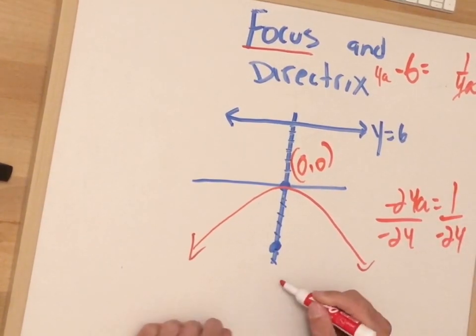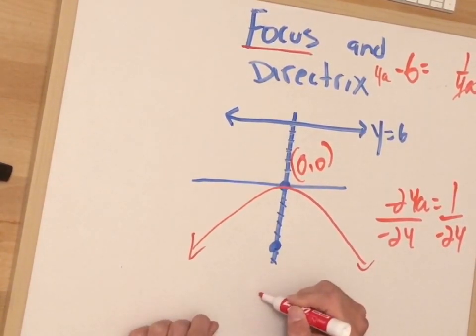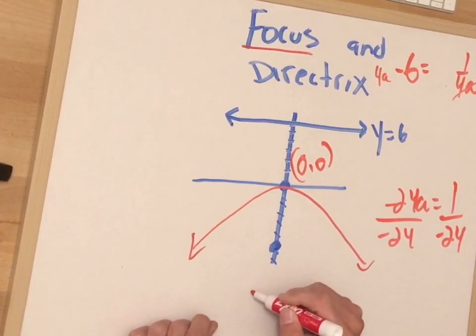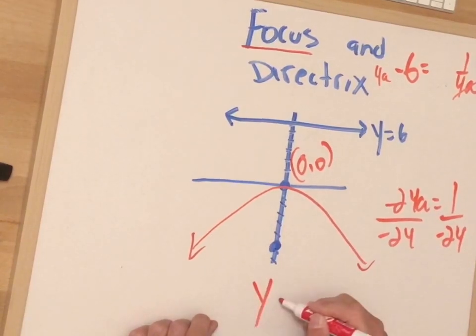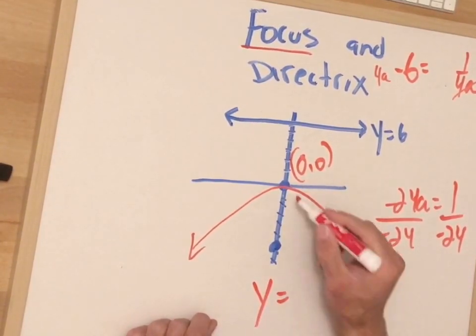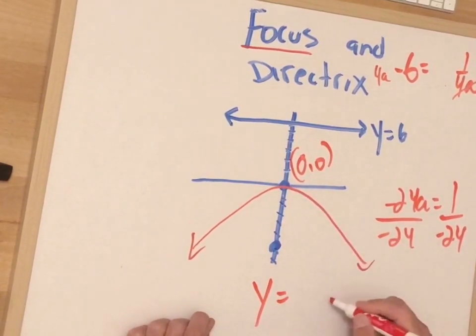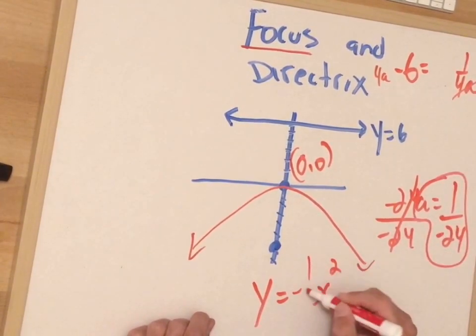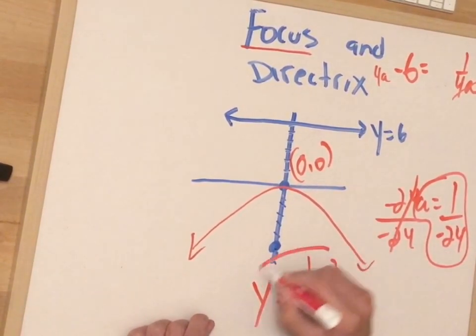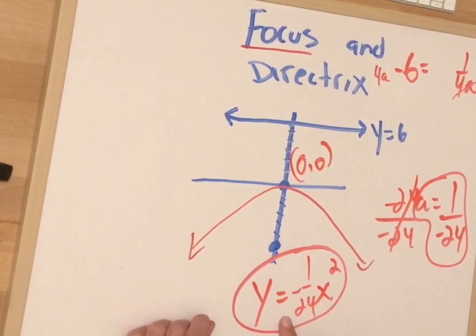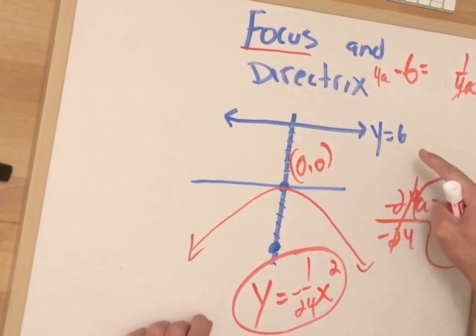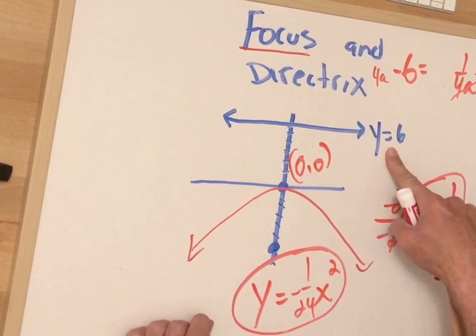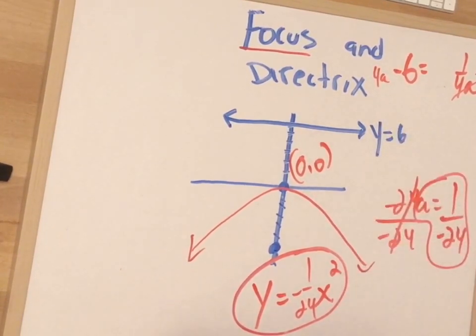And I have y equals, well, my vertex is 0, 0, so I know it's just an x squared quadratic. And check this out. My shape is equal to negative 1 over 24. Here is the equation of a quadratic if the directrix is y equals 6 and my vertex is 0, 0.